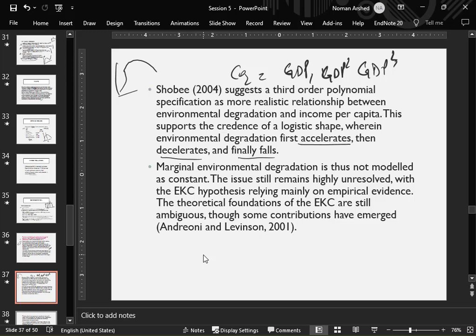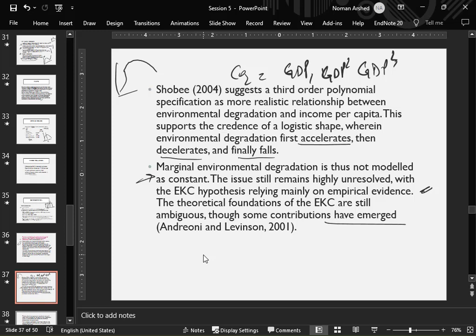So marginal environmental degradation is thus not modeled as a constant. It means this relationship is not constant. Thus it still remains highly unresolved, with the EKC relying mainly on the empirical evidence, basically on the data. The theoretical foundations of EKC are still ambiguous, though most contributions have emerged from Andreoni and Levinson in 2001.